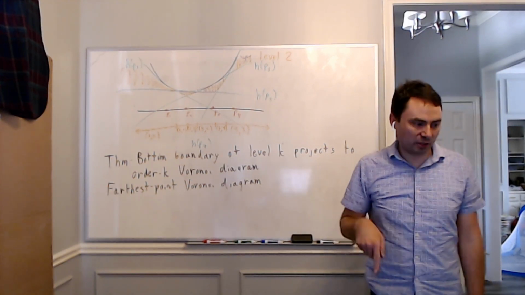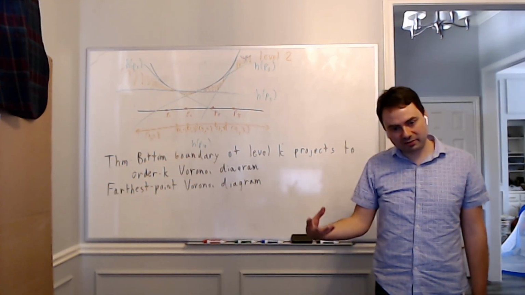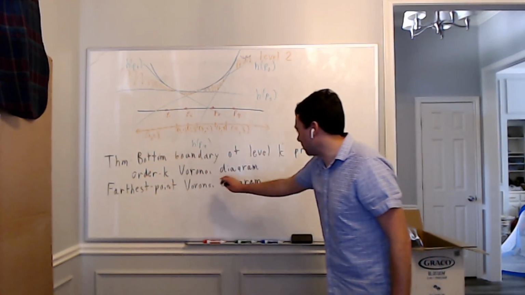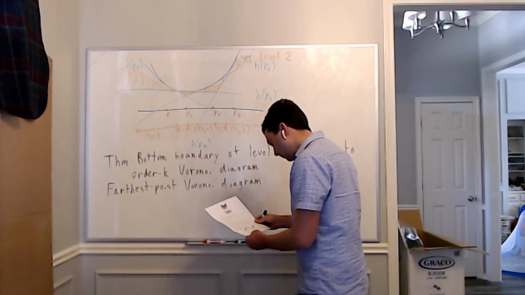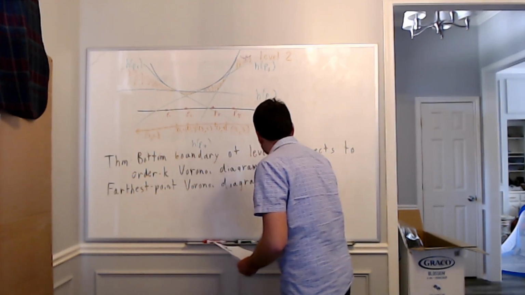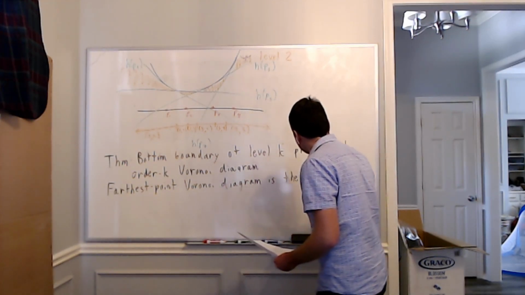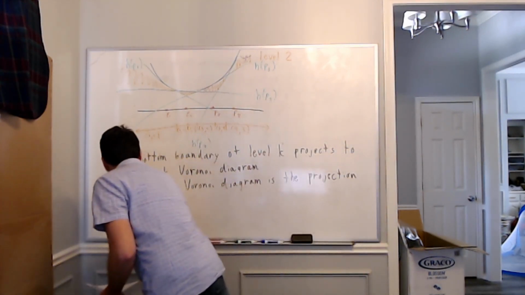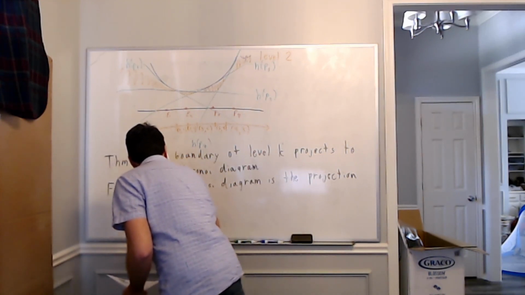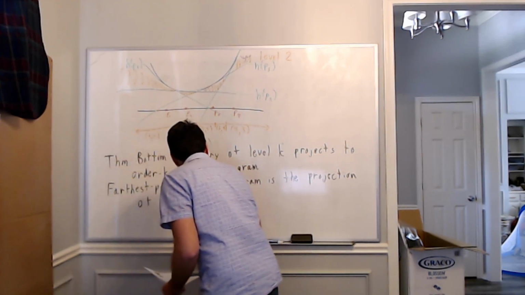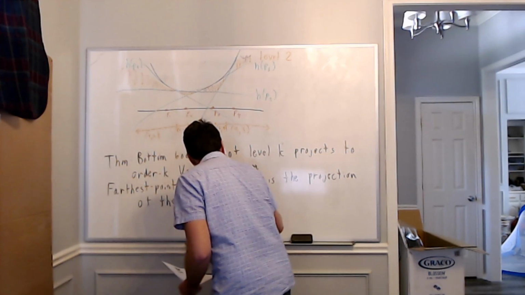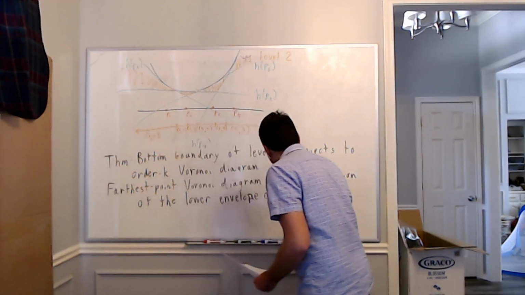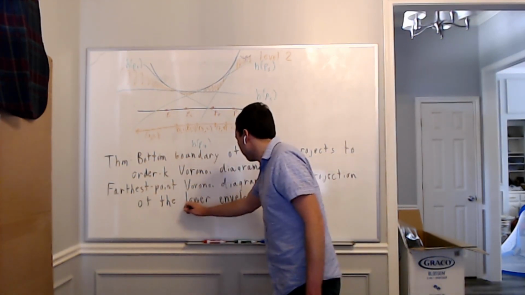The last plane I pass through looking straight down tells me what is the farthest site for my point. And so the farthest point Voronoi diagram is the projection of the lower envelope of all those tangent planes.